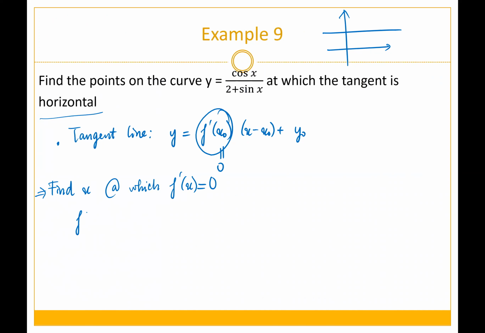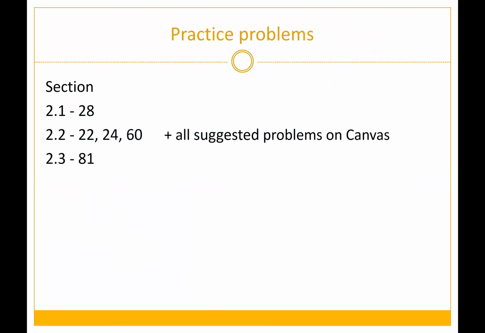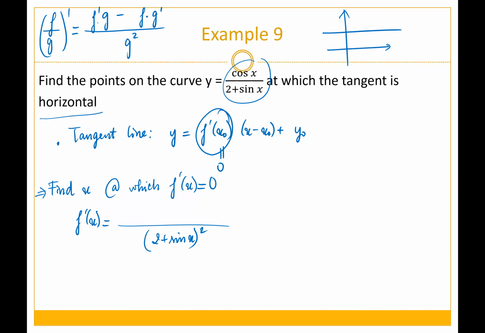We just find what f prime of x is. Here, we use the quotient rule. You have 2 plus sine x in the denominator. It's f over g, so it's going to be g squared in the denominator, and f prime g minus f g prime in the numerator.